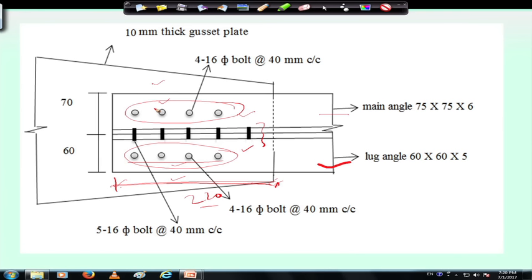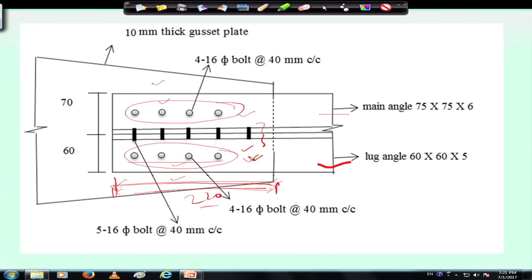Okay. So, here we can see that though we are going to reduce the length of the gusset plate, in place of the higher length, an extra angle which is called the lug angle has been introduced.